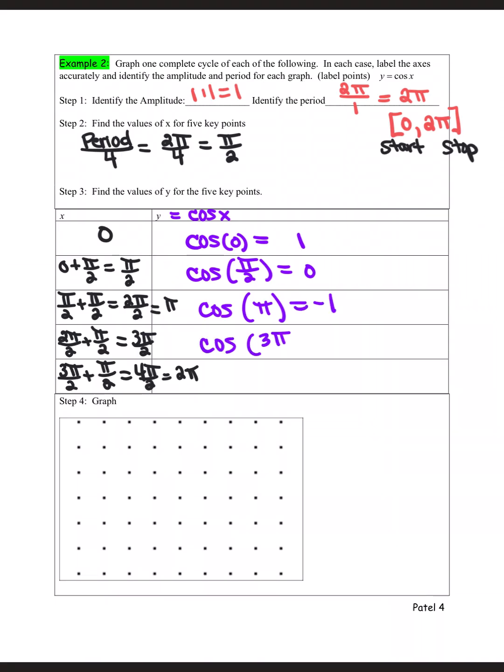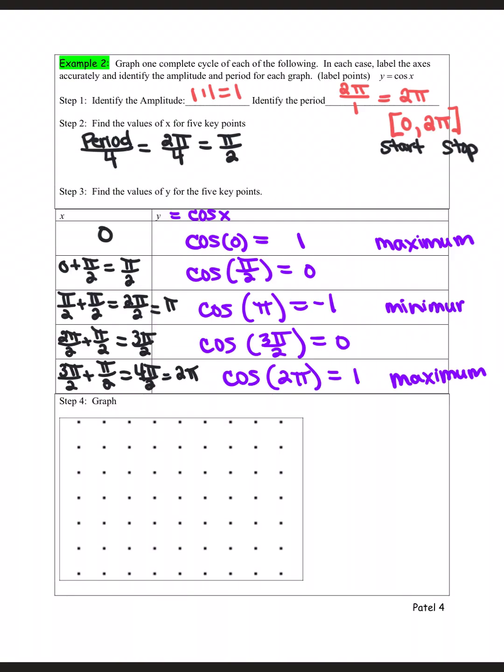Cosine of 3 pi over 2 is 0, and cosine of 2 pi is equal to 1. So notice my maximum is 1 and my minimum is negative 1. That comes from the amplitude.